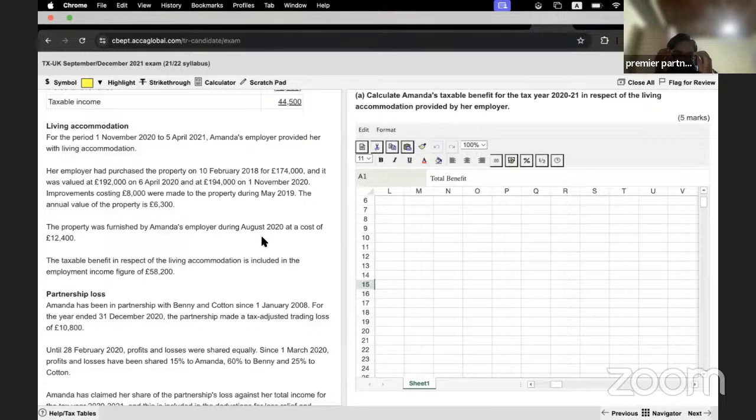Right, then improvements. Do we need to add this 8,000? Yes, we need to. How about this 12,400?